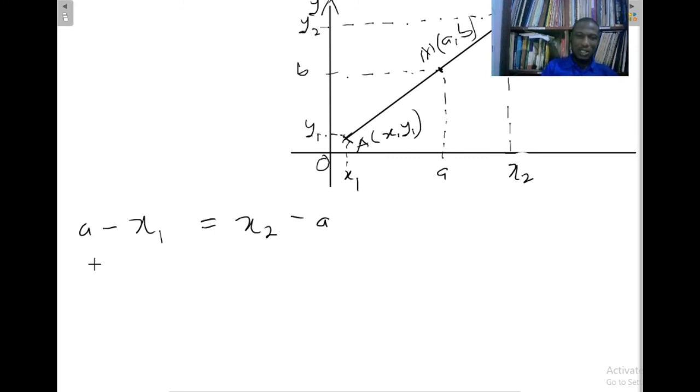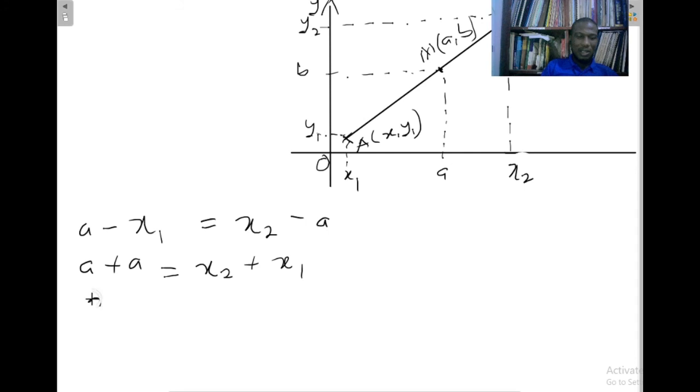So by grouping like terms or regrouping, we are going to have A plus A being equal to x2 plus x1, because this one has moved here, become positive, this one moved here, become positive.